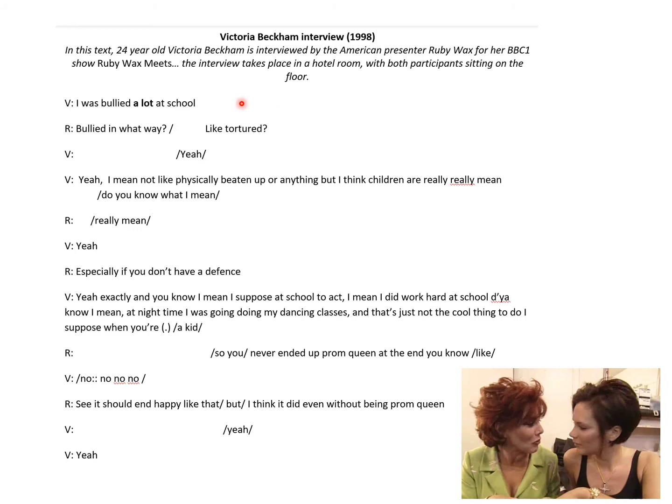This is then, I would say, backed up by the very first thing that we hear Victoria say, I was bullied a lot at school. So far they are fitting the stereotypes that Tannen discusses of women's language. However, I would say that this is an interview and you expect some feelings to be shared in an interview. So that might be how we critique that idea as well and consider it in a different way.